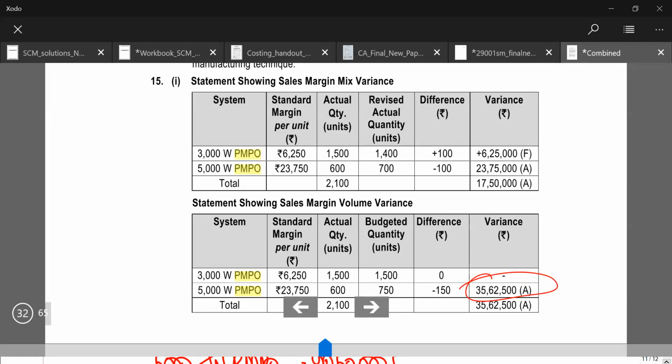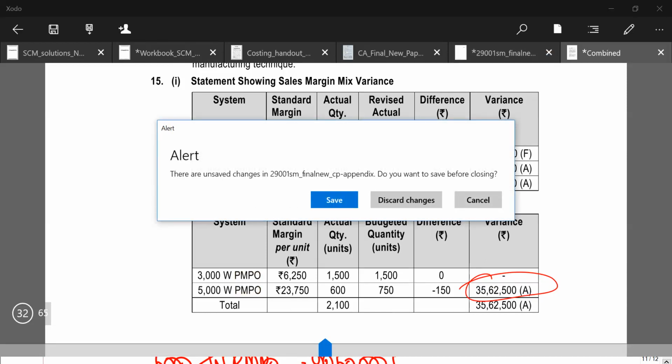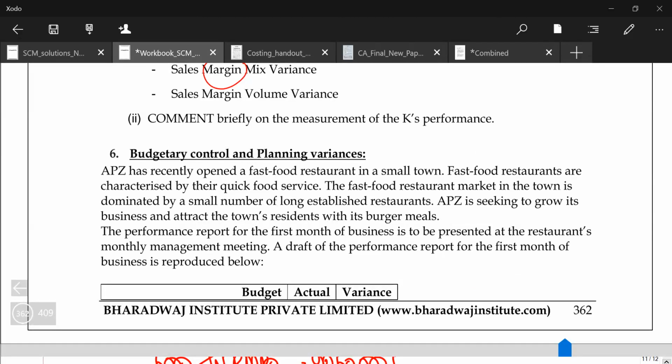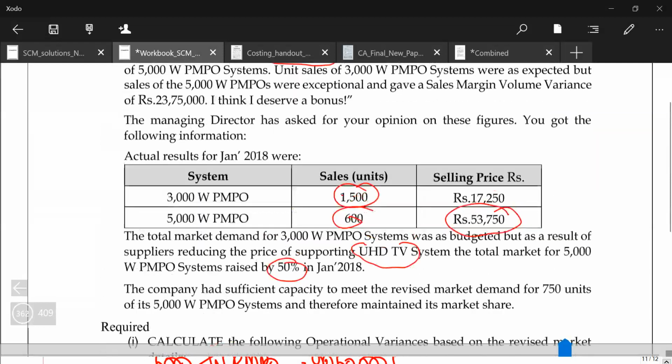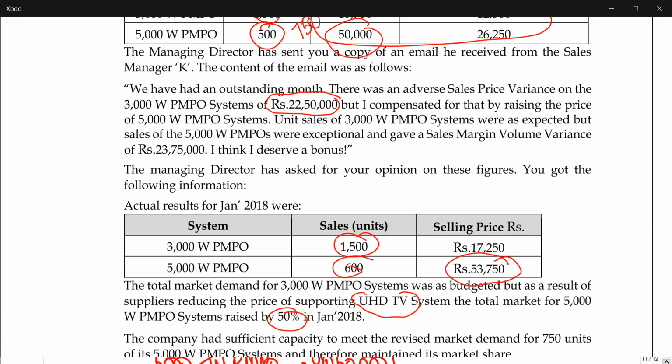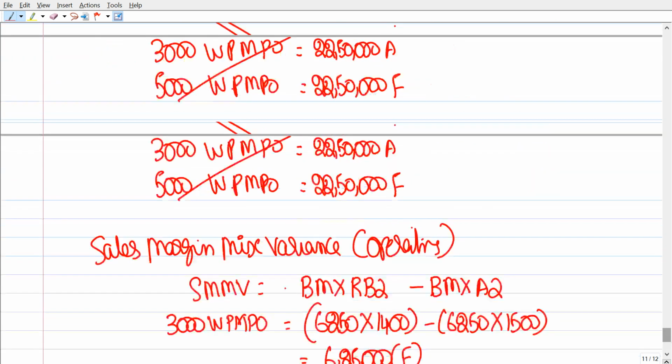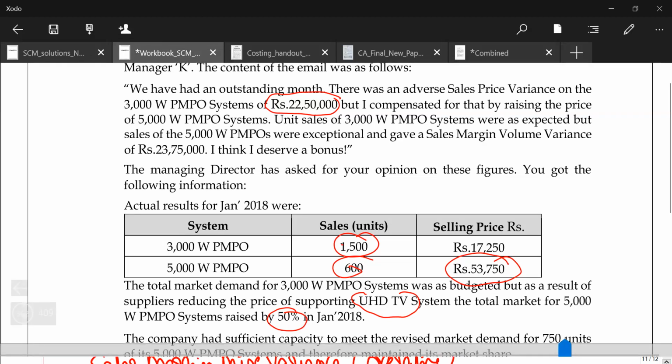Clear? Now the question's requirement is to comment briefly on the measurement of the case performance. This person K is saying, why don't you pay me a bonus, because I got a favorable volume variance of 23,75,000. It's not a favorable volume variance of 23,75,000, it is adverse. What was the adverse number? 35 lakh something, 35,62,500.